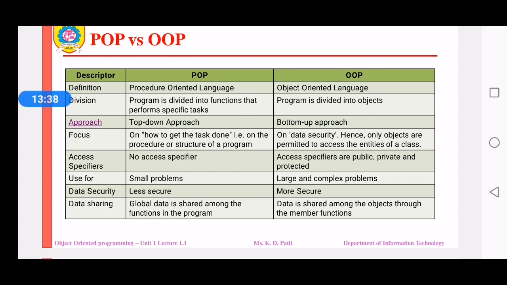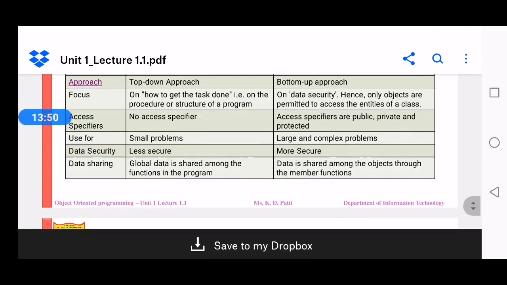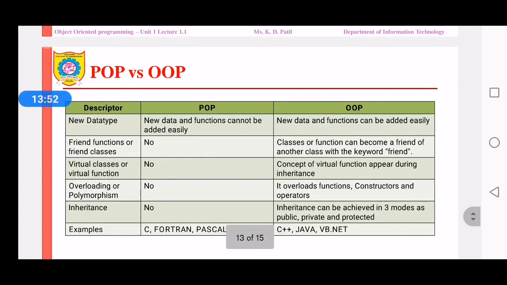In procedure-oriented programming, the global data is shared among the functions, as I told you, and in object-oriented programming, the data is shared among the objects through the member functions only. In procedure-oriented programming, new data and functions cannot be added easily, whereas in object-oriented programming, new data and functions can be added easily.